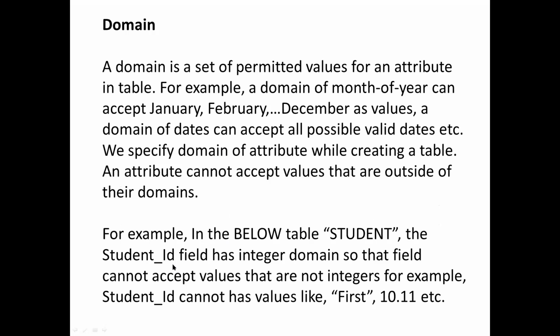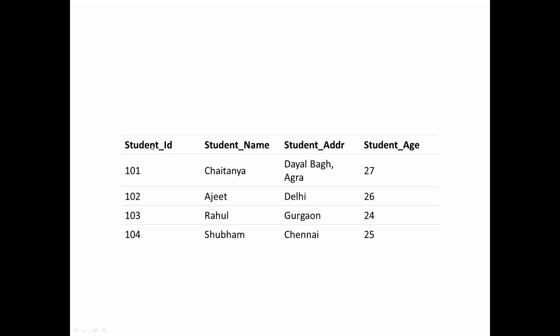For example, in the below table student, the student ID field has an integer domain. So that field cannot accept a value that is not an integer. For example, the student ID cannot have a value like 10.11, etc., because the domain for this student ID is integer.